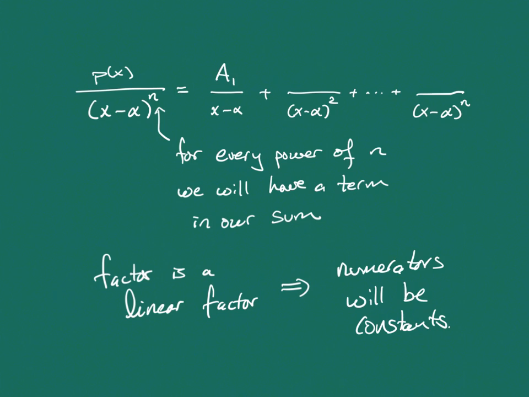We would have a constant a1, a constant a2, all the way out to a constant a sub n, one for each power of the factor in our denominator. When we have some power of our irreducible quadratics, a similar thing happens: our denominators are still going to be the increasing powers up to n, so we're still going to have n terms in our sum.